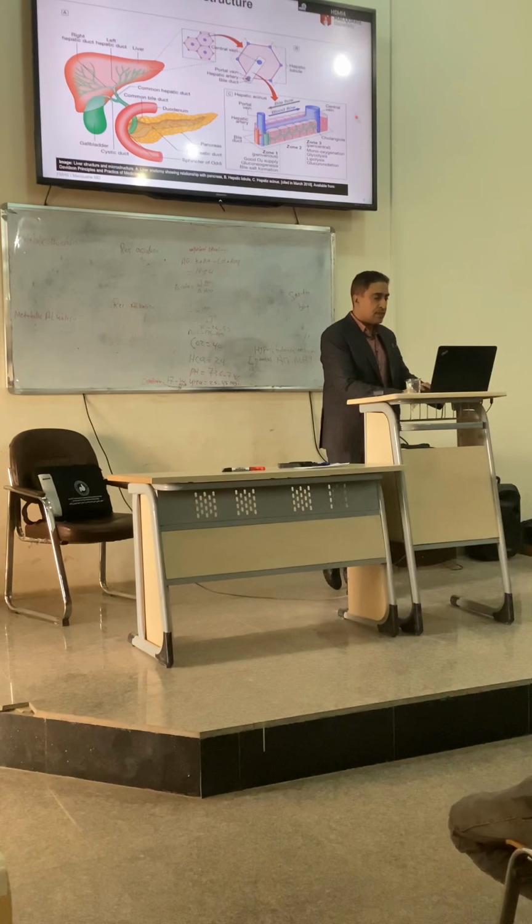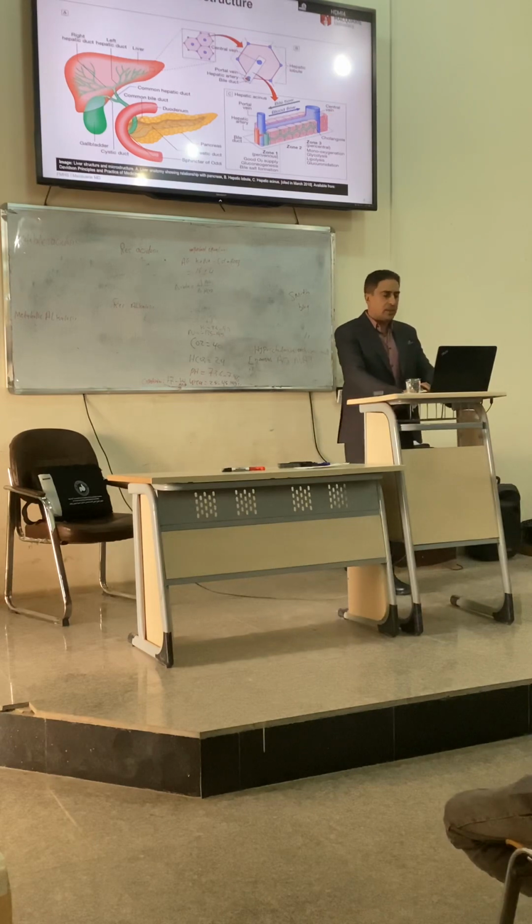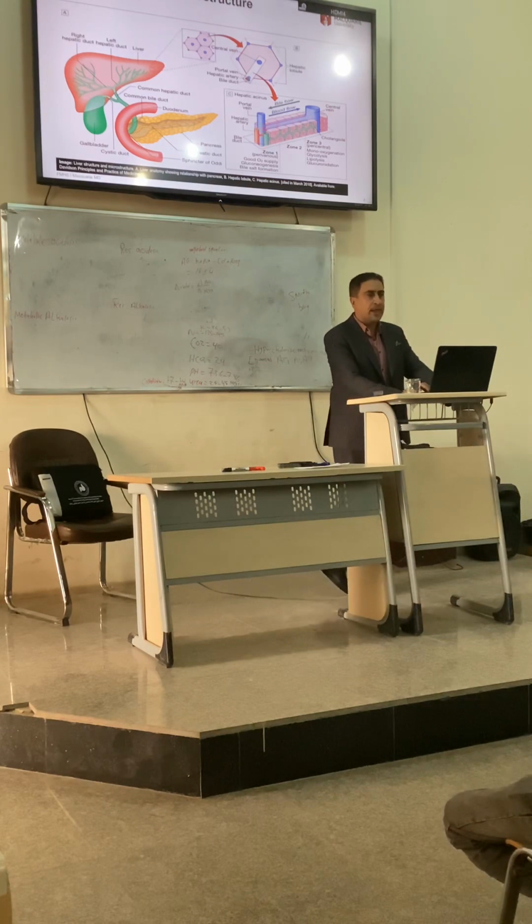Each hepatic acinus is composed of a portal triad, which is composed of a branch of the portal vein, a branch of the hepatic artery, and a branch of the bile duct.